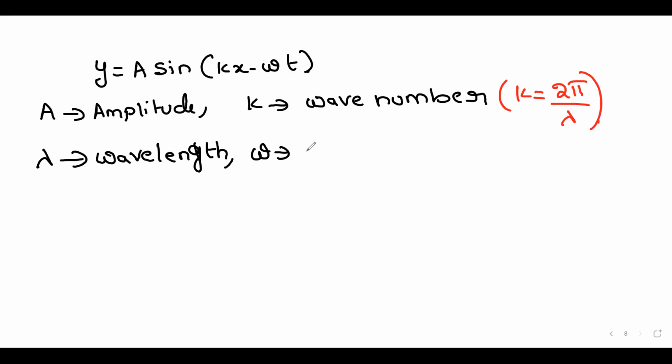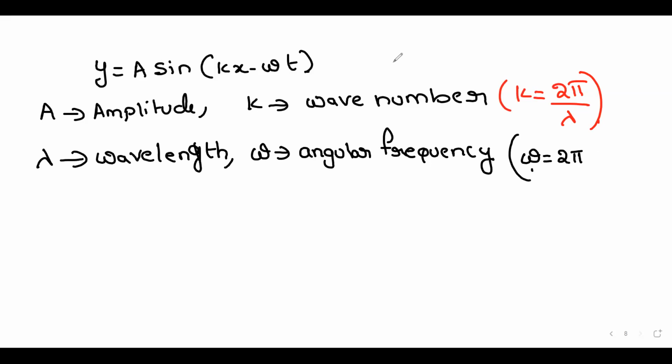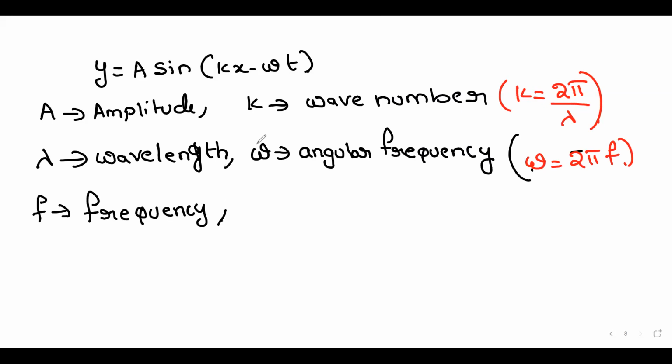Omega is called angular frequency, where omega is equal to 2 pi f, where f is frequency. c is velocity of wave.